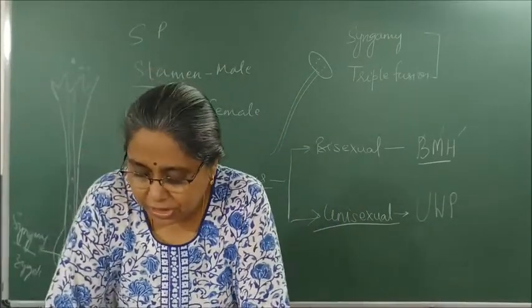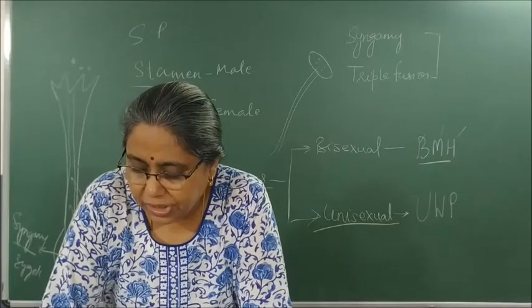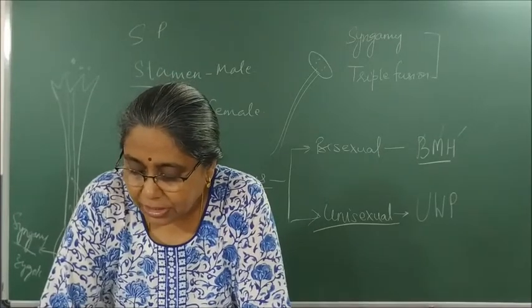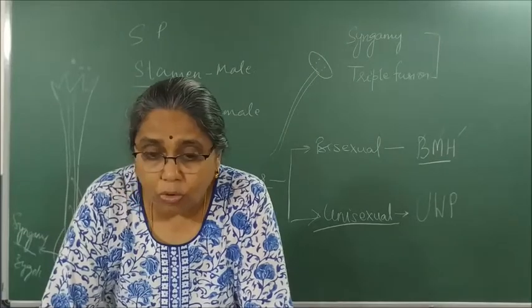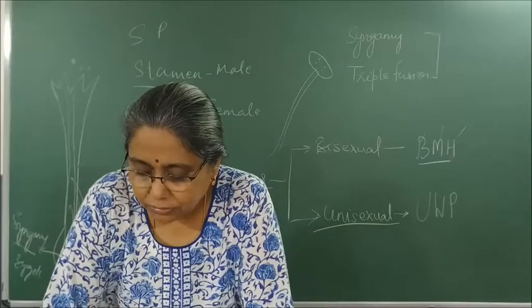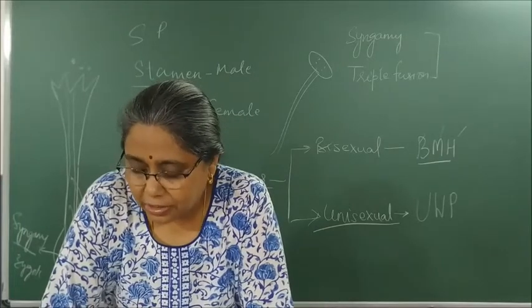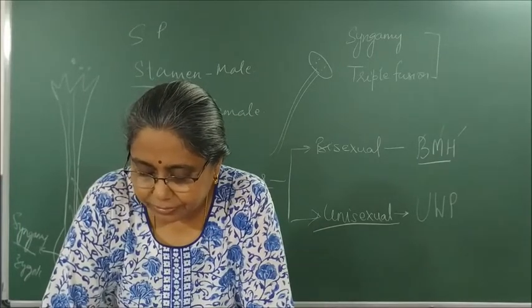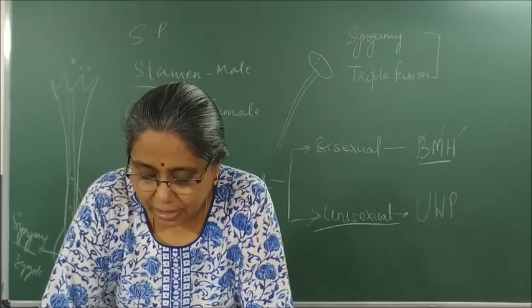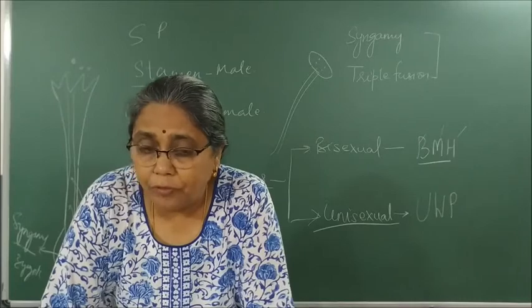After fertilization, the zygote divides several times to form an embryo within the ovule. Please underline this part. The ovule develops a tough coat and is gradually converted into a seed, and the ovary grows rapidly and ripens to form a fruit.